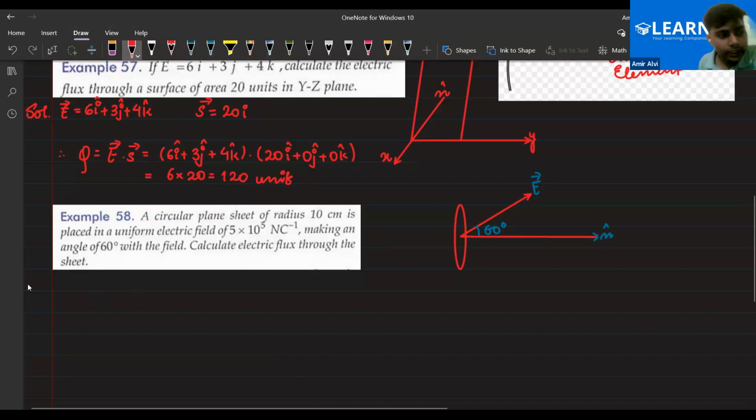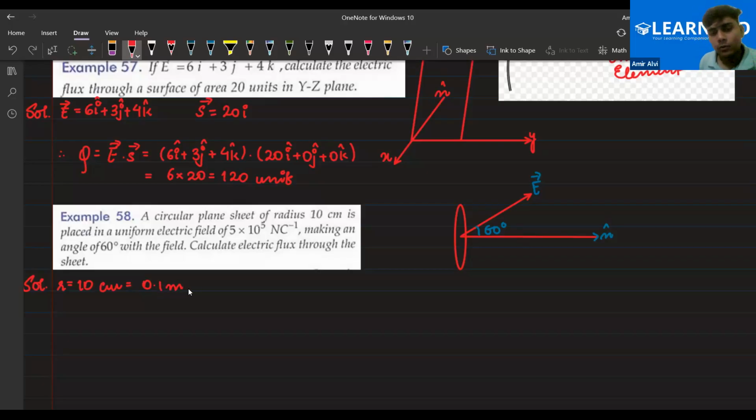So first of all, let's calculate the area. Abhyas, how do you calculate the area of a circular sheet? Could you please tell me? Its radius, 10 centimeter, is already given. So it would be 0.1 meter.